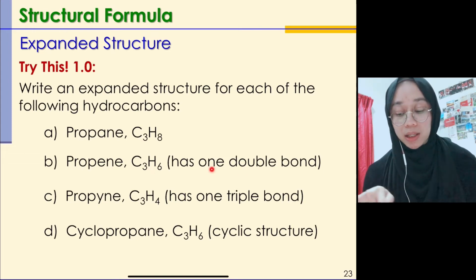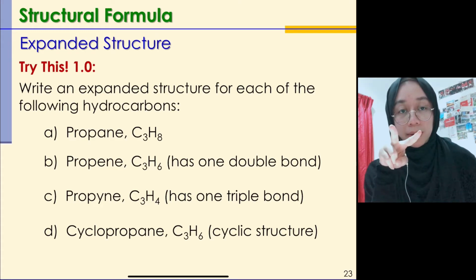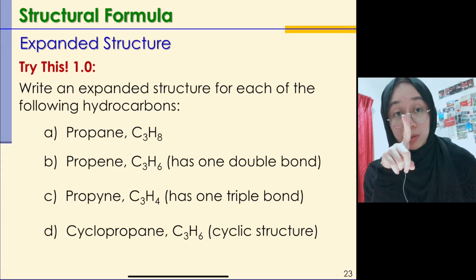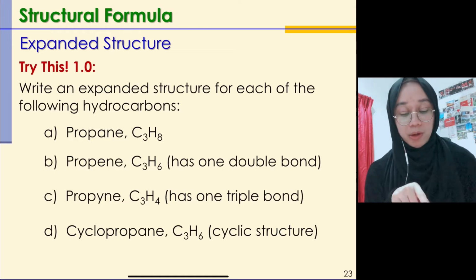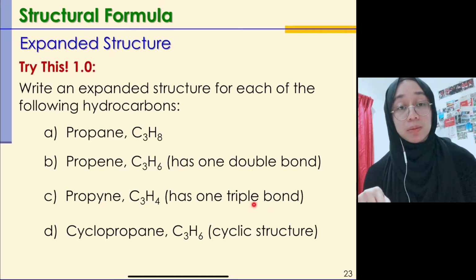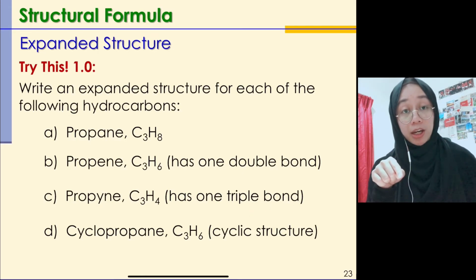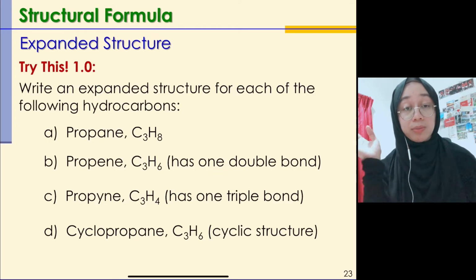Propene ni pula dia ada 1 double bond, bermaksud antara 2 carbon ada 1 double bond. Okay, so meanwhile propyne ni pula dia ada C3 juga, ada 3 carbon juga, tapi hidrogen dia ada 4 je. Dan dia ada 1 triple bond, bermaksud antara 2 carbon ada triple bond. Okay, tapi yang lain pula should be single bond lah.